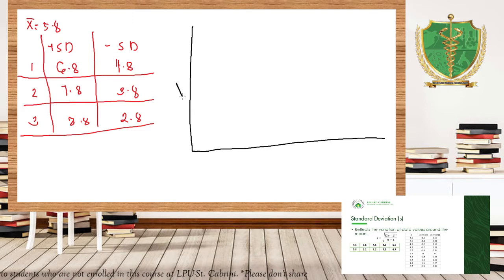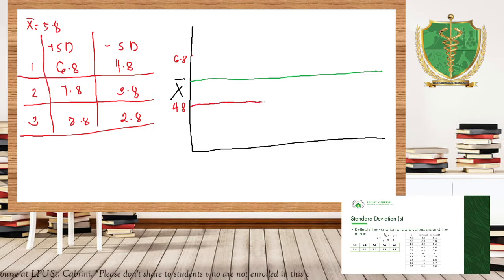Okay, imagine this is our mean, and we are going to represent our mean with a green line. Our positive 1 SD is 6.8, and negative 1 SD is 4.8. Let's represent our 1 SD as a red line.